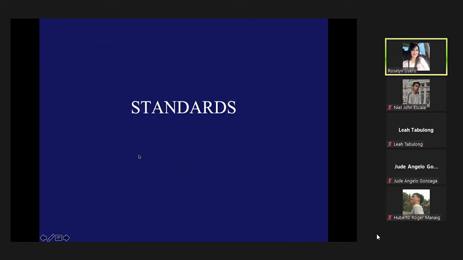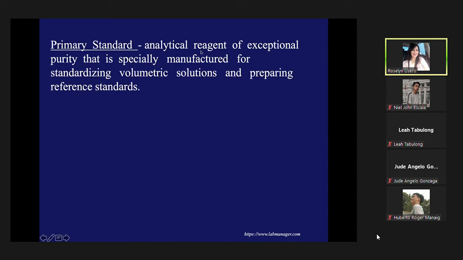Now we go to standards. Ato kaganina ginahambal ko, primary standard, here it is. So primary standard is an analytical reagent. Ano gani ang analytical reagent? AR grade, of exceptional purity that is specially manufactured for standardizing volumetric solutions and preparing reference standards.